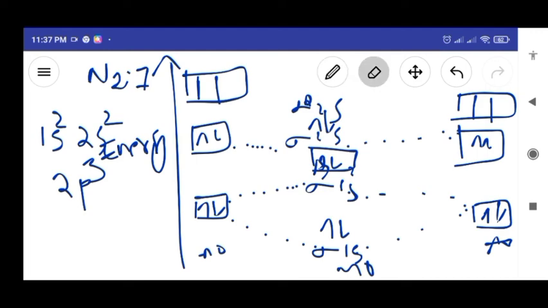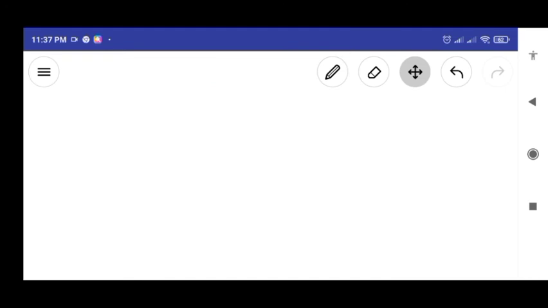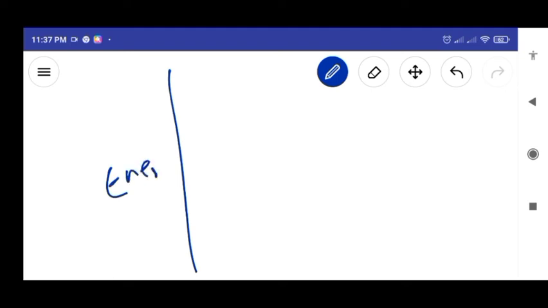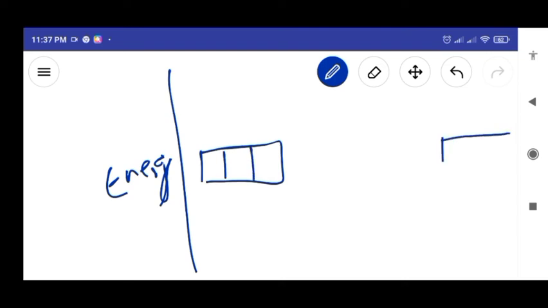And all will be in the same diagram, but due to insufficient space I am showing 2p alone here. All should be in the same space. The 2p will be like this, 2p3, 2p3.